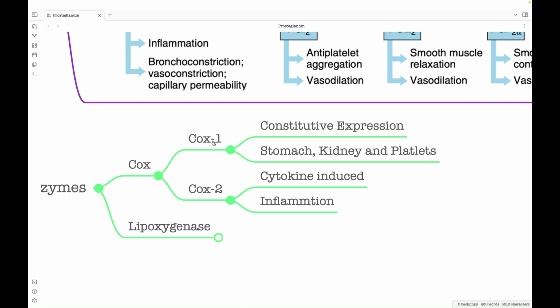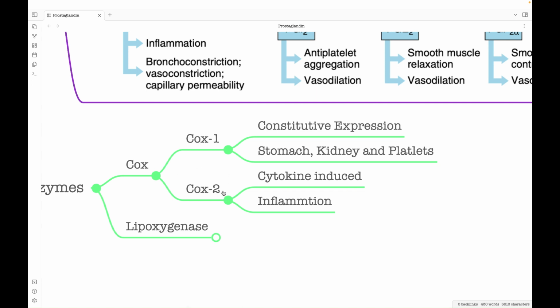We should remember that COX1 is constitutively expressed, so it is already and always present in our body, and COX2 is present whenever cytokine induction is present in our system. Okay, next we have lipoxygenase.